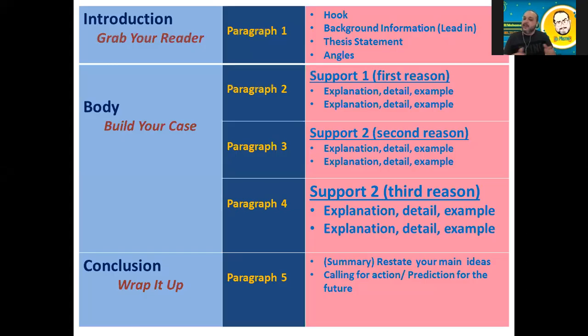And then we went to the structure of an essay, which is almost the same. We have introduction, body paragraphs, and conclusion. The introduction, hook, background, thesis, and angles. For the body paragraphs here, the 3 body paragraphs are almost the same. We have the first reason, second reason, third reason.